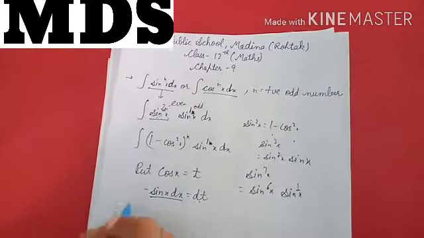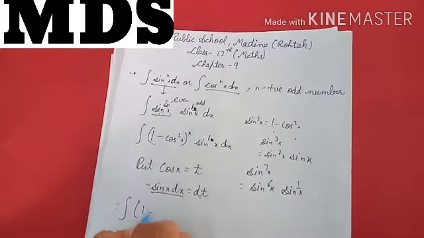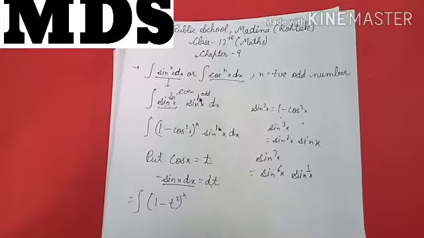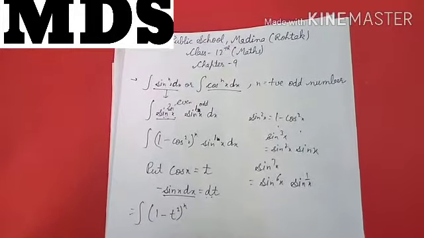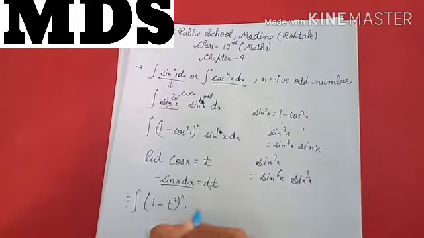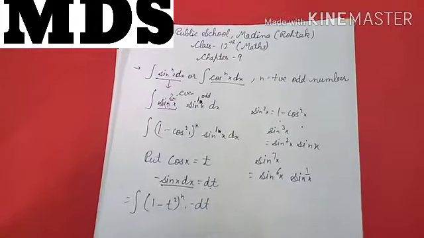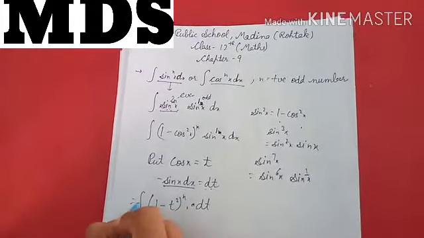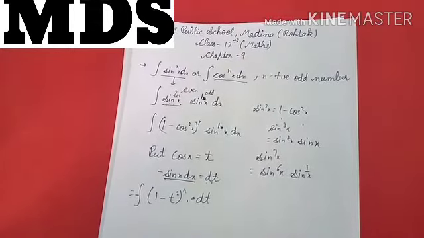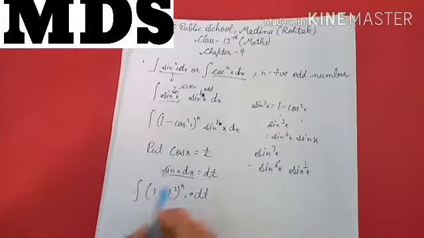So what will we get? We will get our question as (1 minus t square) raised to power n into dt with negative sign. This negative we can take outside our integration. Okay, and then we will open this.